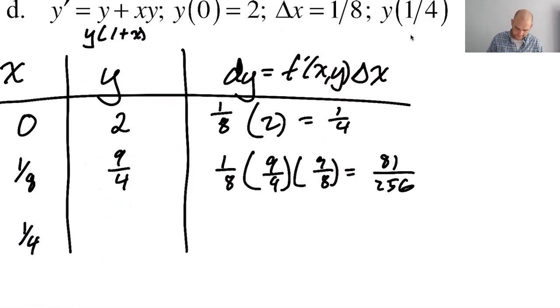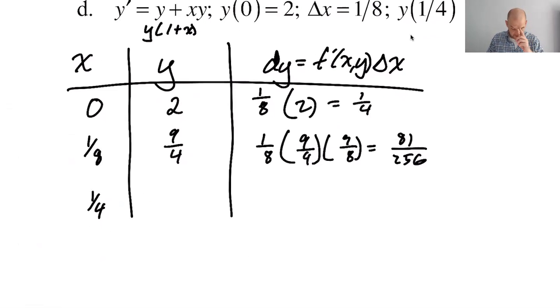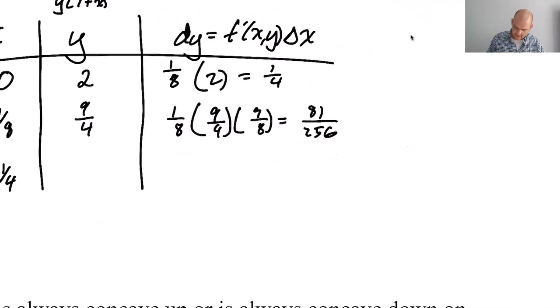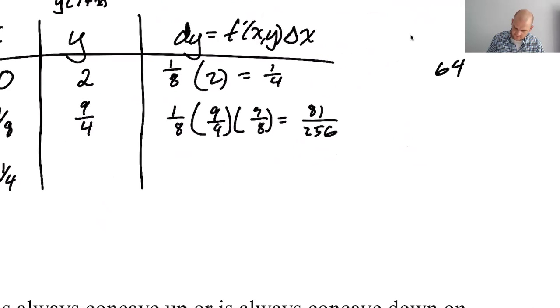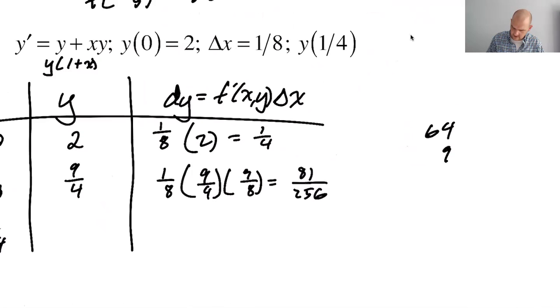Oh boy. So what's 4 times 64? 64 times 9. What's 64 times 9? Feels like there's a thing I can do here, because this is 8 squared, and this is 3 squared. So really I'm doing 24 squared, which is 576, I think.